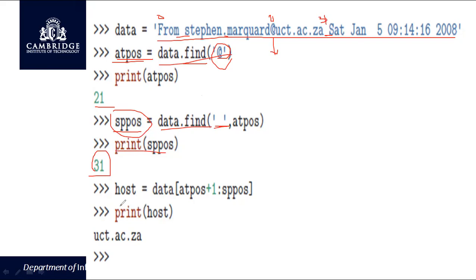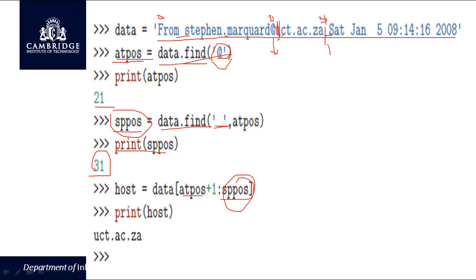Now we use slicing. The at position is 21, and 21 plus 1 is 22, so it goes to character 22 up to the space position, 31. Always remember that in slices, the second index is not printed, so this space will not be printed.